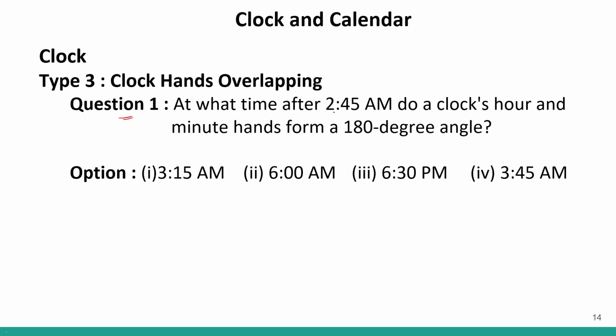At what time after 2:45 am do a clock's hour and minute hands form a 180-degree angle? 180-degree angle means a straight line. So this concept we discussed, that a clock's hands form a straight line.